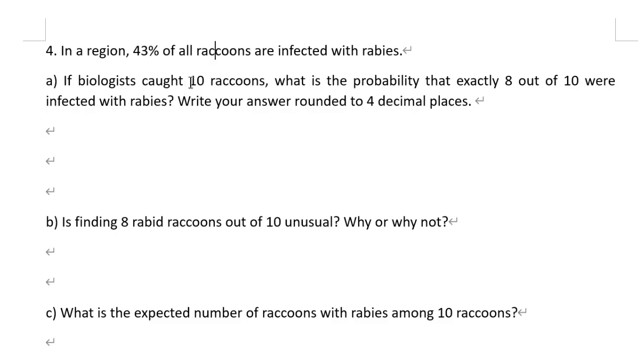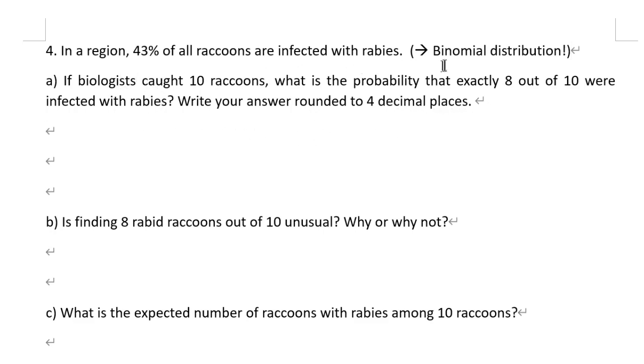And you're trying to repeat that for 10 raccoons, so this is actually a binomial distribution. So it's very important that you know that this is a binomial distribution problem. And if you don't know that, you wouldn't be able to solve this, okay?